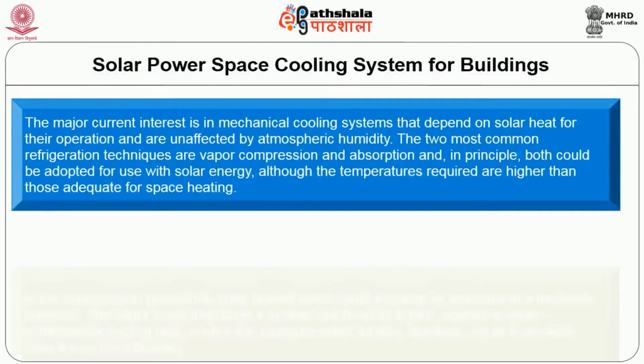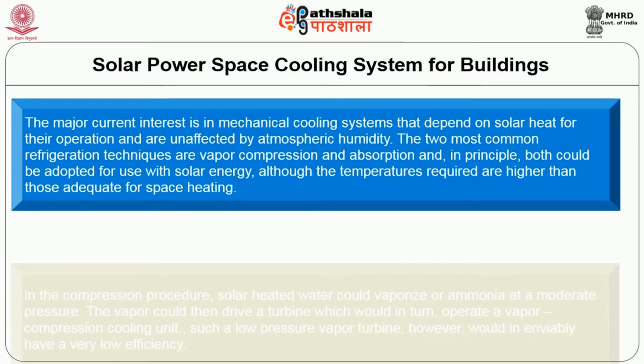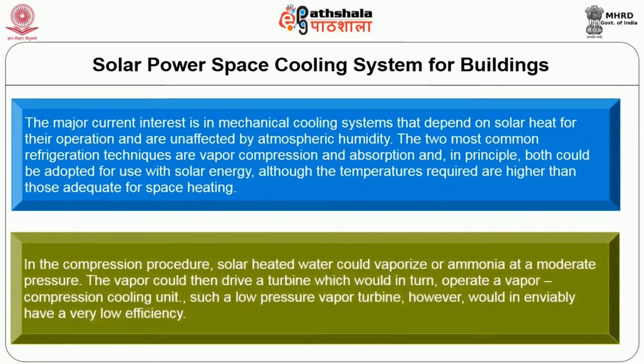Solar power space cooling system for buildings. The major current interest is in mechanical cooling systems that depend on solar heat for their operation and are unaffected by atmospheric humidity. The two most common refrigeration techniques are vapor compression and absorption, and in principle both could be adopted for use with solar energy, although the temperatures required are higher than those adequate for space heating.